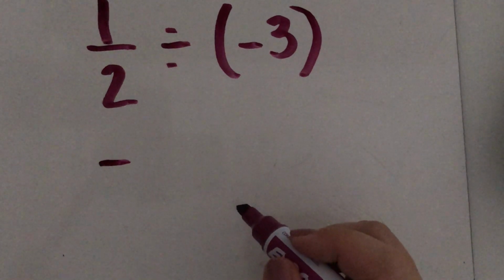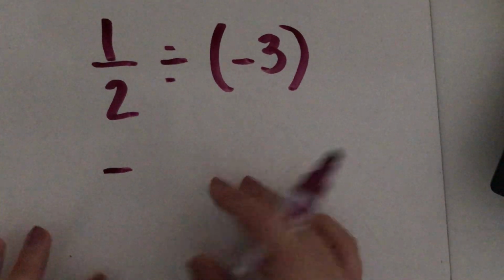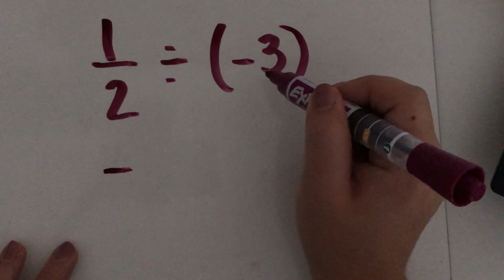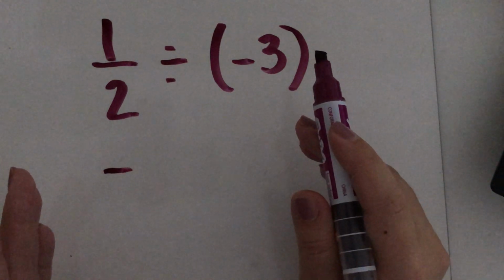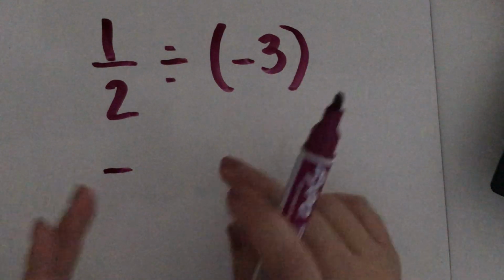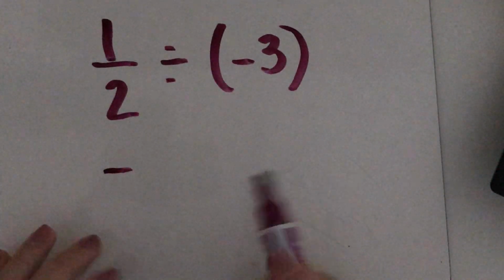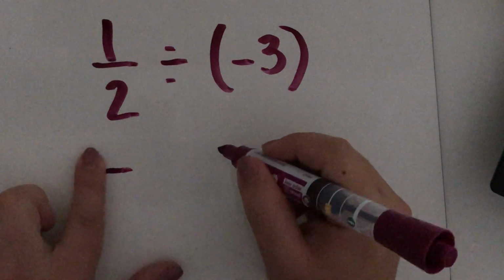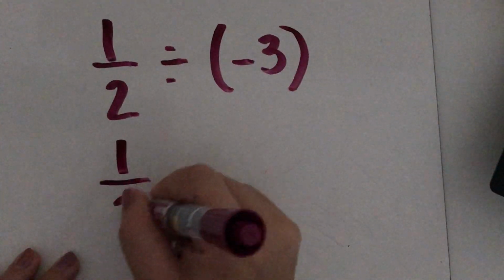Now remember that when we're dividing fractions specifically, we have that wonderful thing you guys like to say: keep, change, flip. That means I'm going to keep the first fraction the way that it is. So I'm going to bring the 1/2 down.